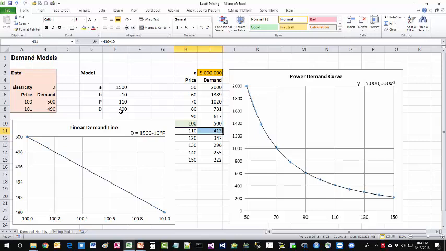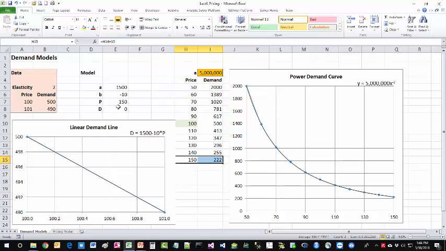However, if we increase the price in the linear model, for example, all the way to 150, as I showed in the previous video, the linear model obviously fails. The 0 is just not a reasonable number. The 200 level shown here from the power curve demand model is a much more reasonable estimate of what the demand would be for that level of pricing.